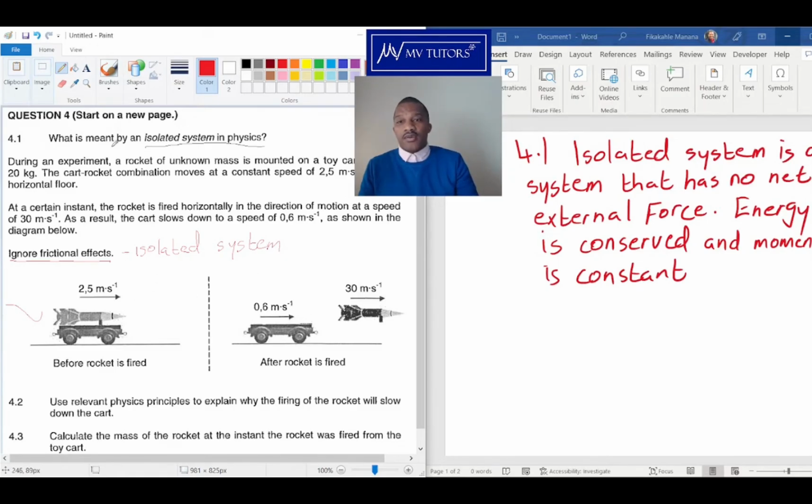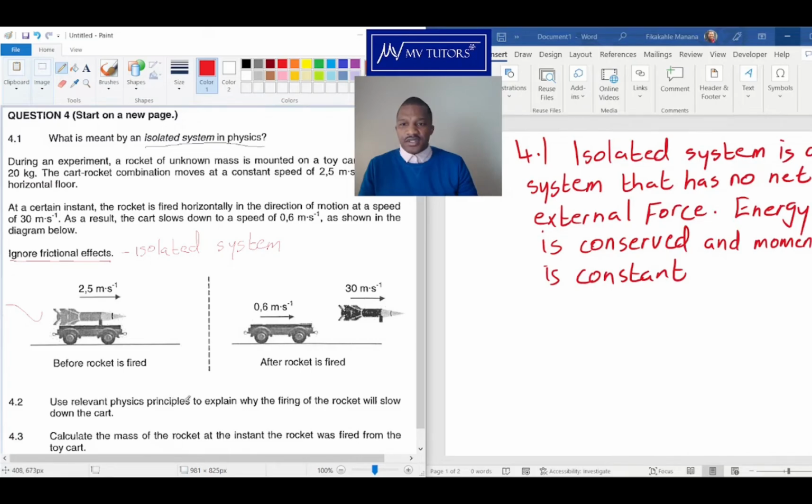That is why they asked us in 4.1 what is meant by an isolated system, because we're about to do a question on an isolated system, which means we ignore all external forces. The net force is 0.